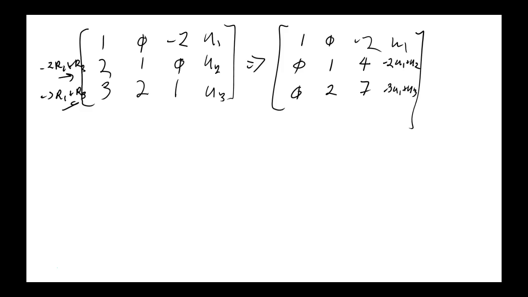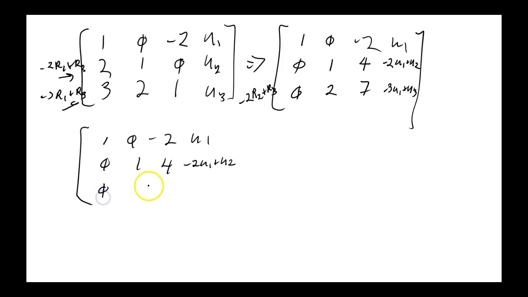Now, all we have to do is get it into row echelon form. We don't need it reduced. So this will be negative 2 row 2 plus row 3. We're going to need some room for that last one, but that will be 1, 0, negative 2, U1; 0, 1, 4, negative 2 U1 plus U2.